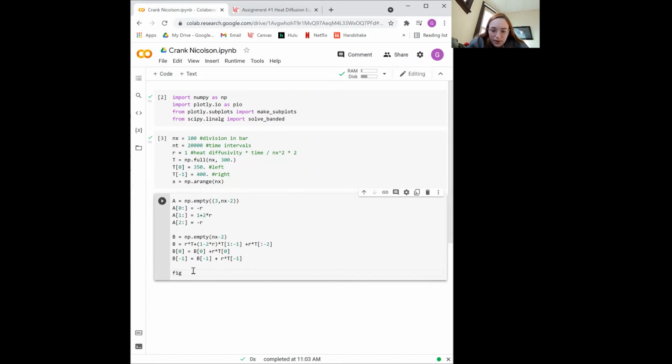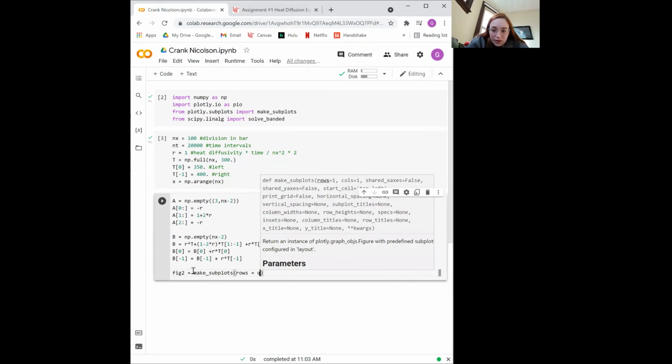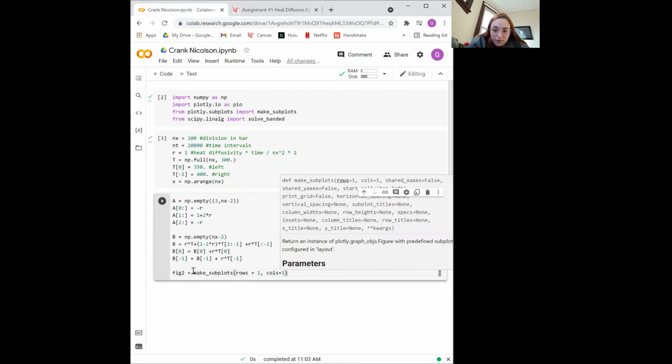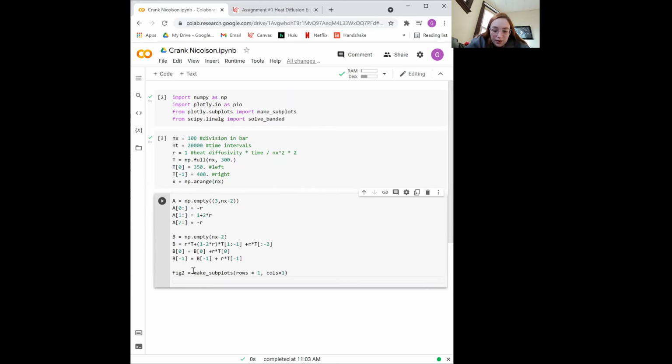We're going to make a figure just to show our initial conditions. All right, and then fig2 add scatter. This is the same syntax as last time. Nothing's really changing here.